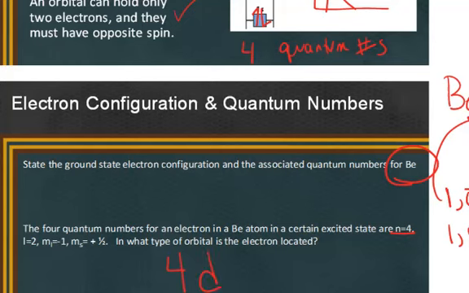So this particular electron is in a 4d orbital, but we don't know which one. It's in one of the 5 available orientations, so you could draw it like that: 1, 2, 3, 4, 5 lines. And there's 1 electron in this orbital.